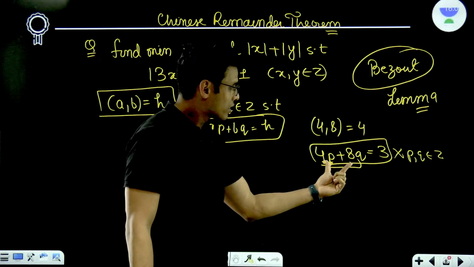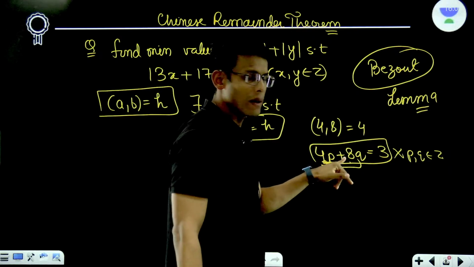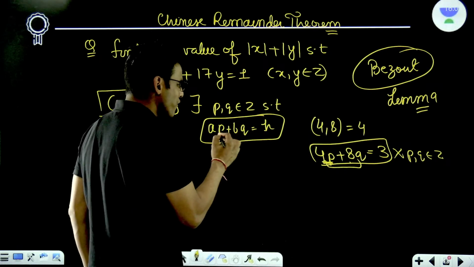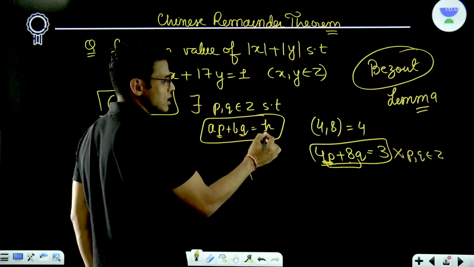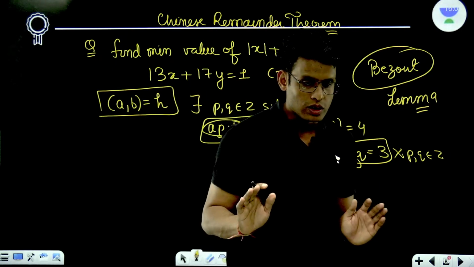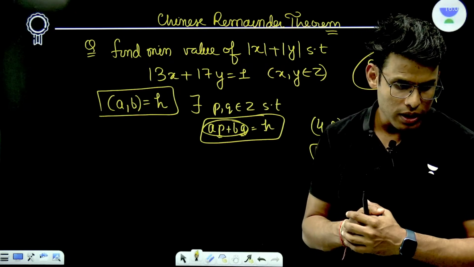So the HCF will divide the left hand part, and it will divide the right hand part. That is why we can find two integers P and Q. This is the important thing, right?